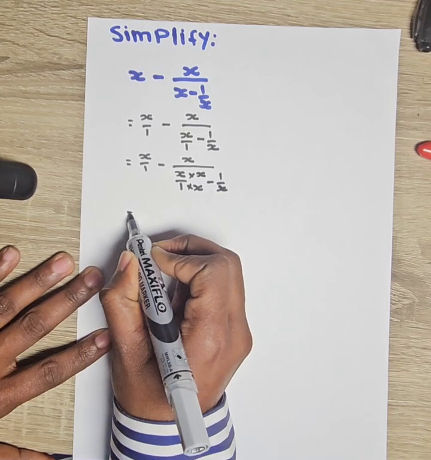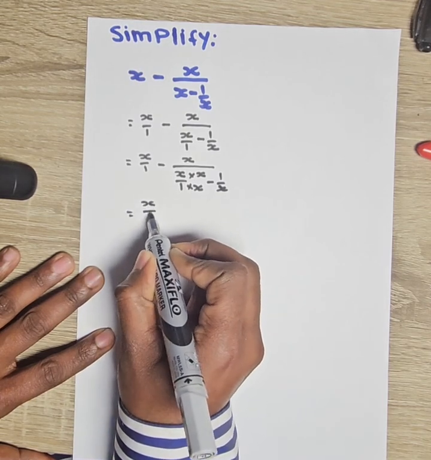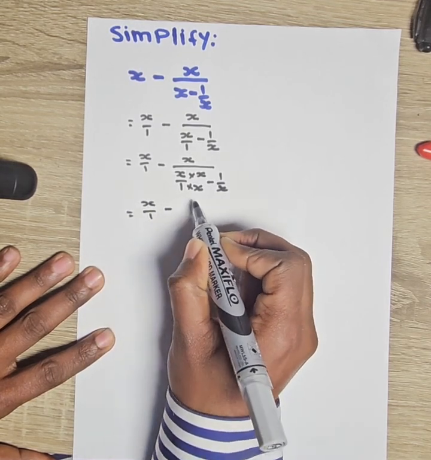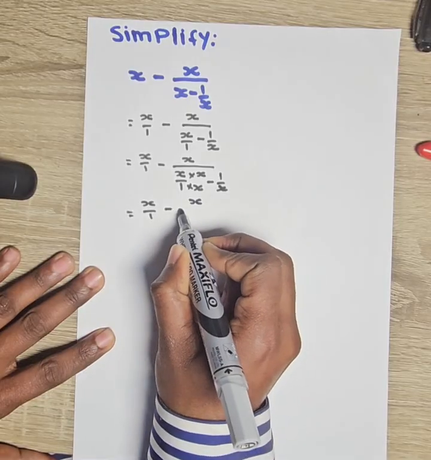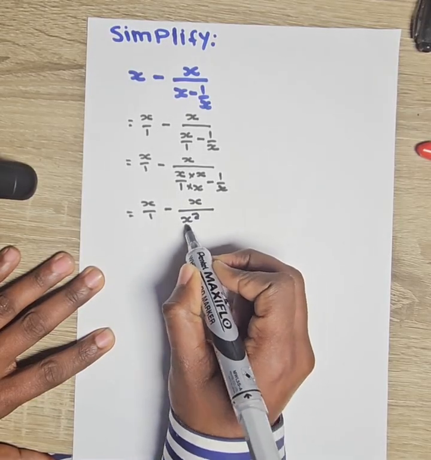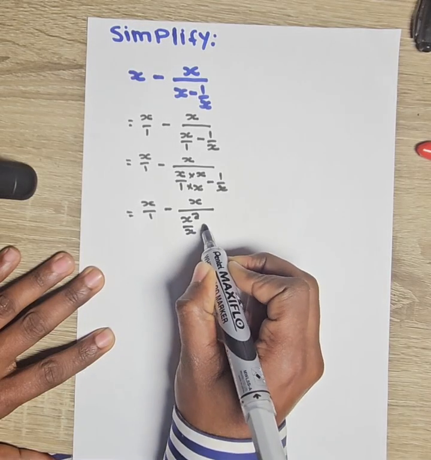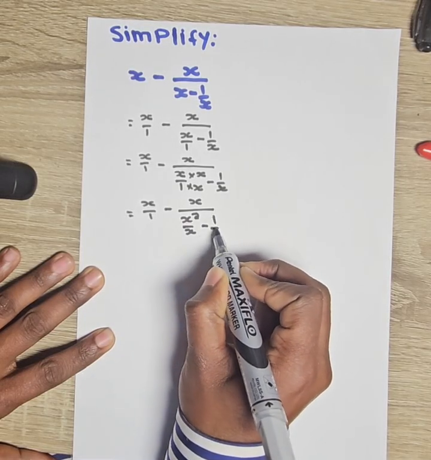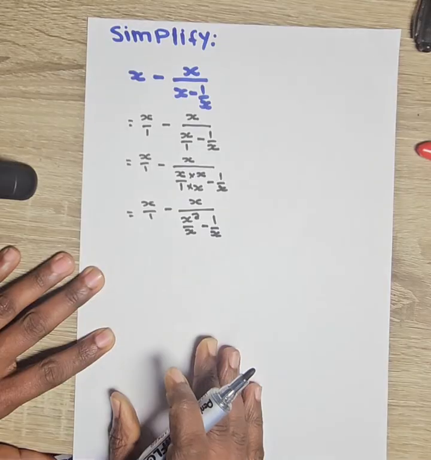This simplifies to x over 1 minus x over x square over x minus 1 over x.